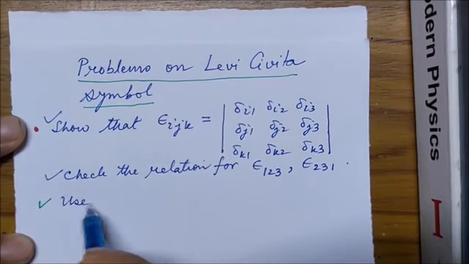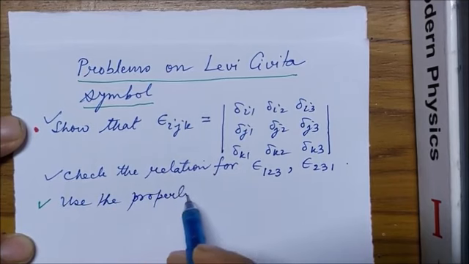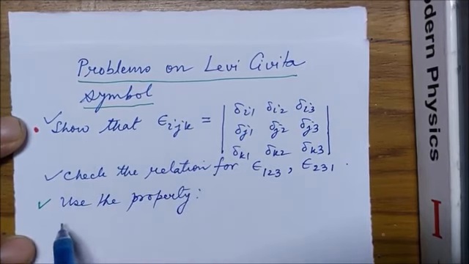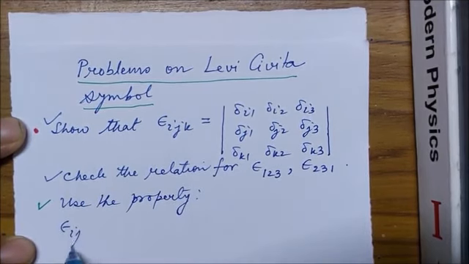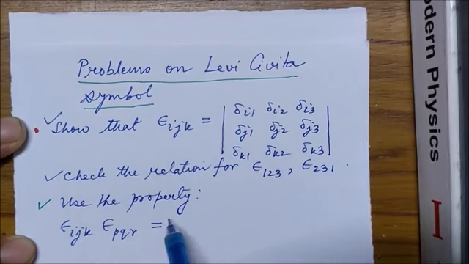Use the property of the Levi-Civita symbol: epsilon ijk multiplied by epsilon pqr.